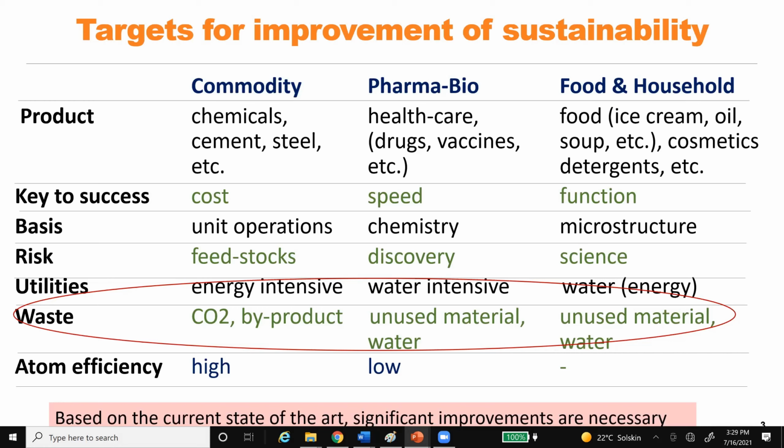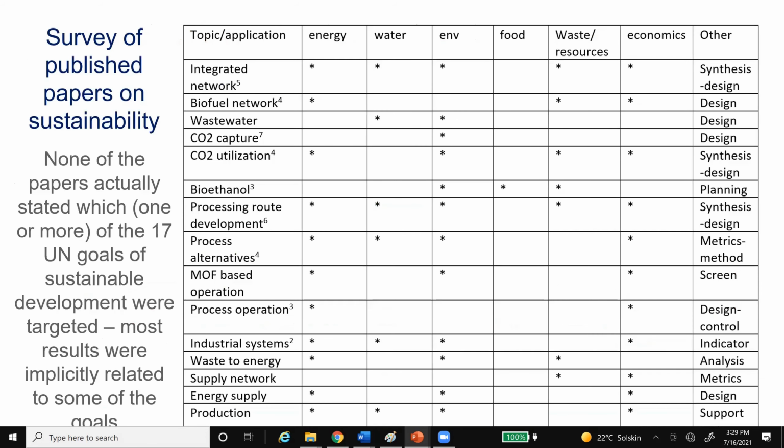So what we also did is look at papers published in the last 5 years related to sustainability, and how many of those papers covered which topics like energy, water, environment, food, economics, others, and whether there were papers directly saying which of the 17 sustainable goals they satisfied.